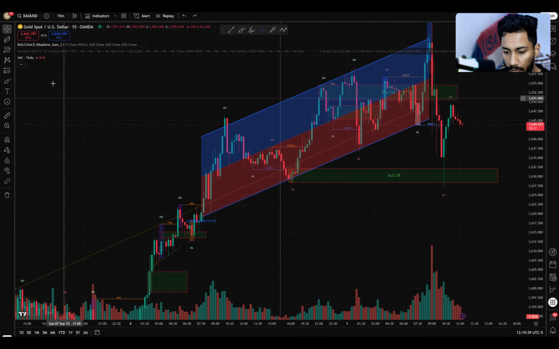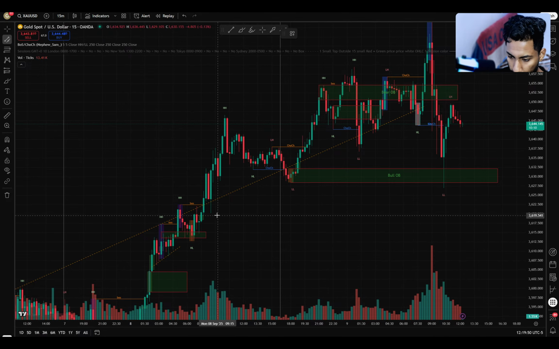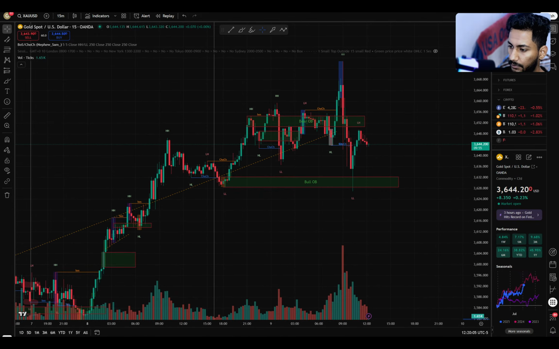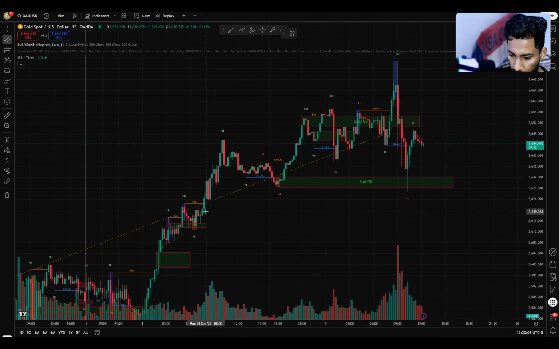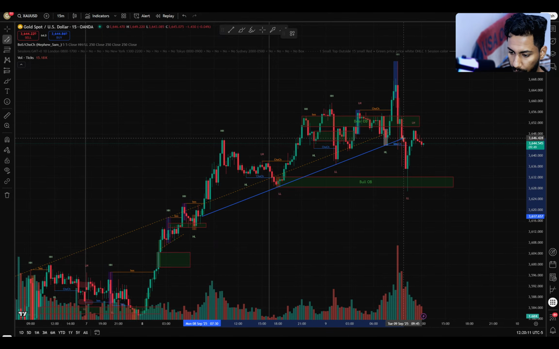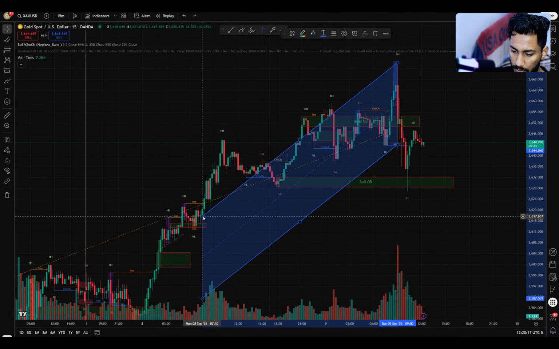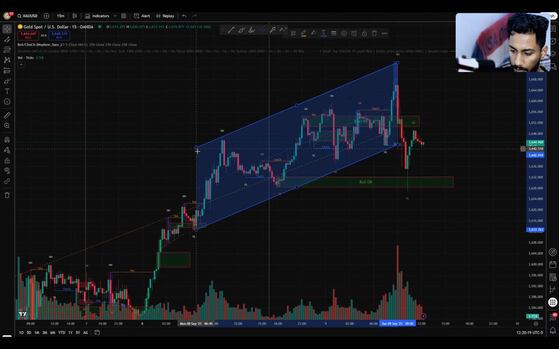It's a parallel channel. Start from the very bottom. From here till here. And then start placing it accurately like this.